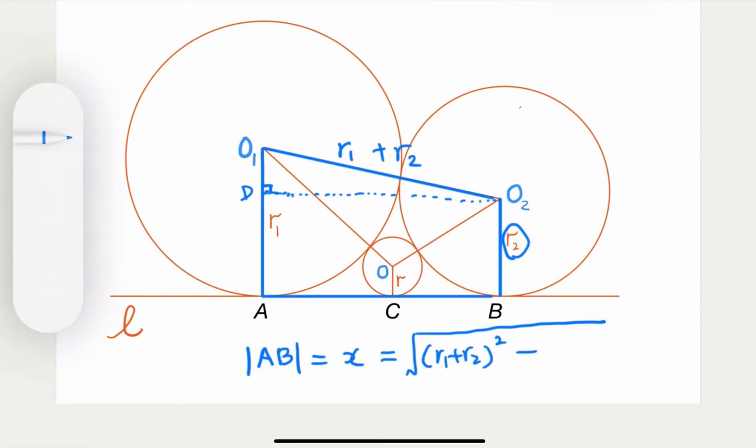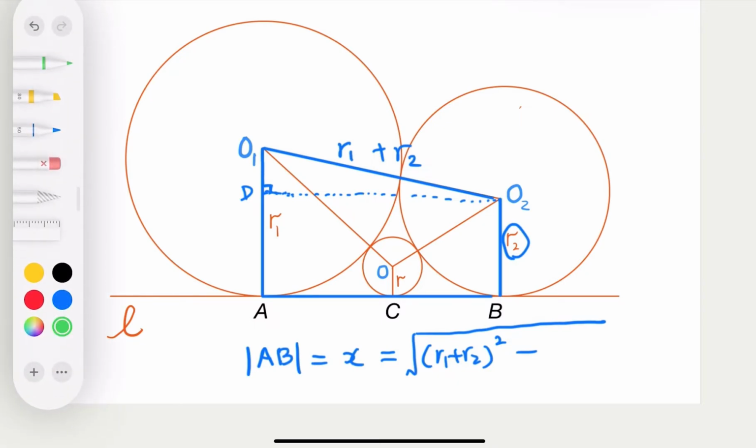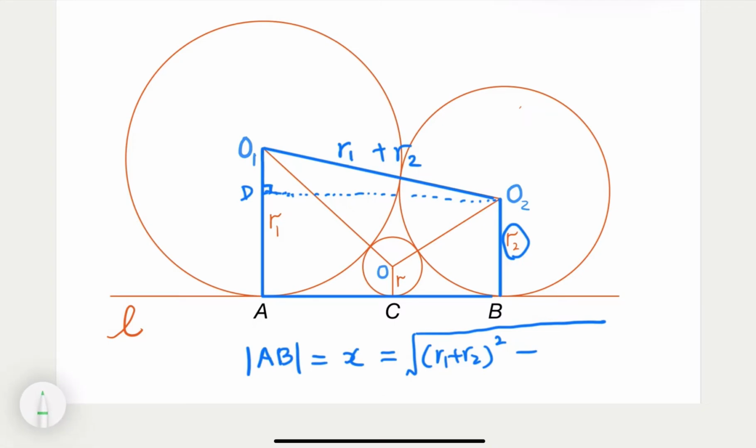Let's change the color here. So minus this segment here, the length of which is R1 minus R2. Here, of course, we assume R1 is bigger. So this is R1 minus R2, squared.